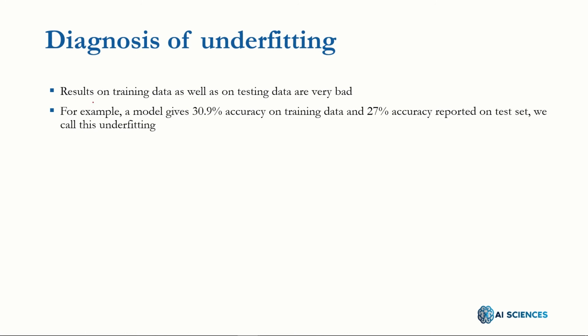If the results on training data as well as on testing data are very bad, if a model is performing equally badly on both of the data sets, training data and testing data, it means there is a situation of underfitting. For example, we perform some classification and we get 30.9% accuracy on training data and a close accuracy on testing data.